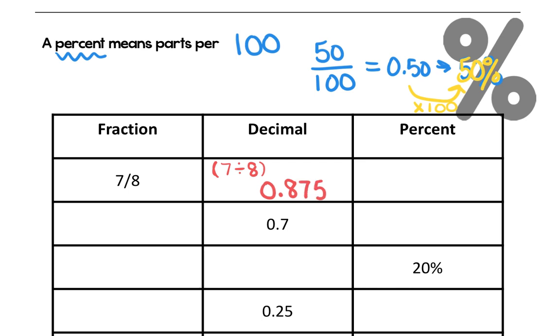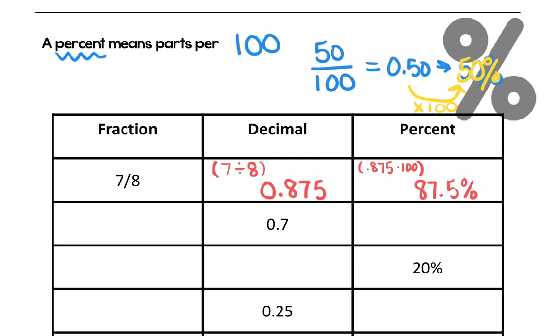Now, to get it from a decimal to a percent, we can multiply this by 100, and that's going to give me 87.5%.